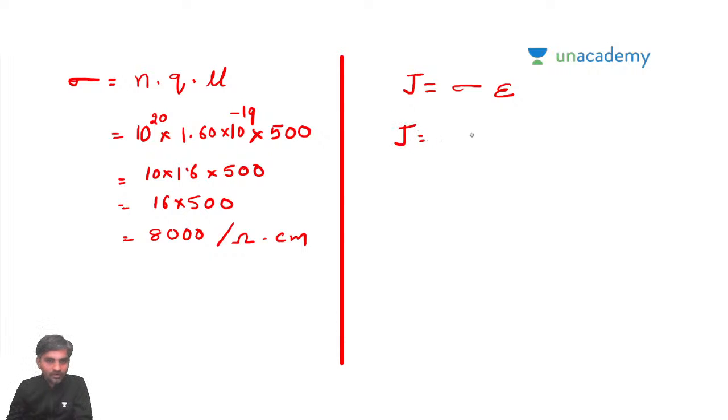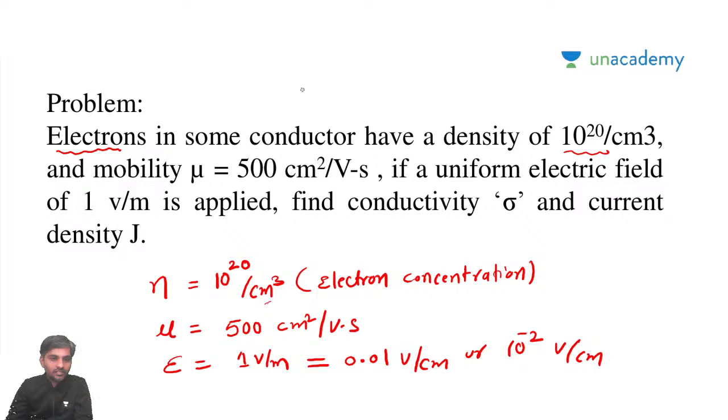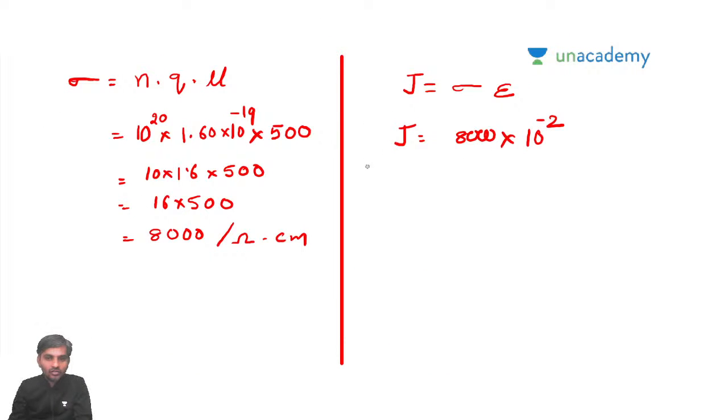J is equal to what we just got, 8,000, into E, which we converted into centimeters. Do you remember? We converted this into centimeters, which is 10 to the power of minus 2 volts per centimeter. So if you do it now, what will we get? J is equal to 80 amperes per centimeter square.